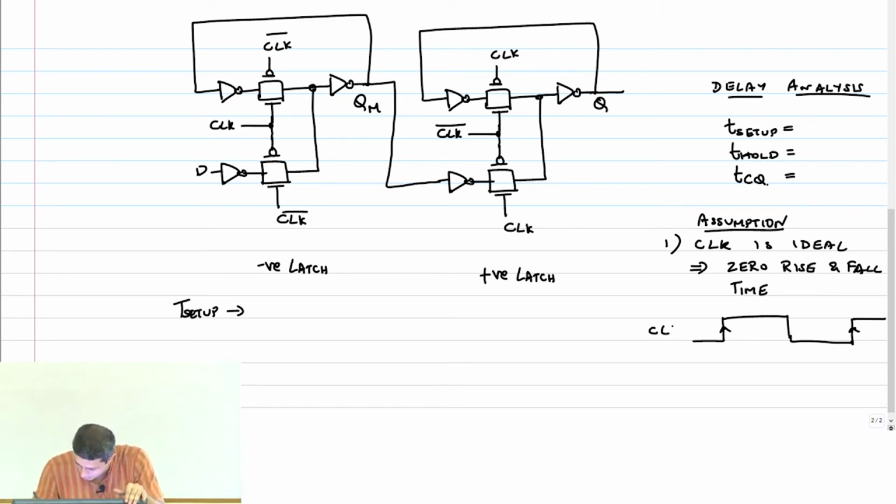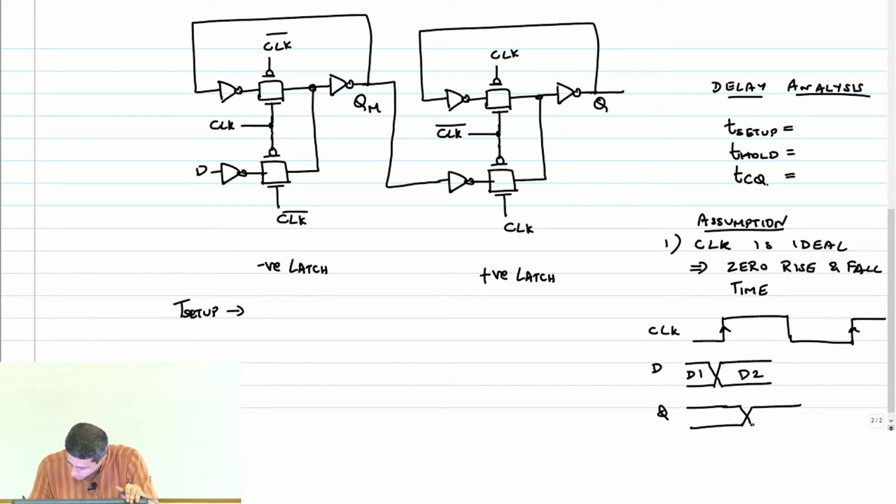This is my clock, this is my D. The data switches from D1 to D2, and you want D2 to be captured. My Q should look like this. This should be D2, with this delay.